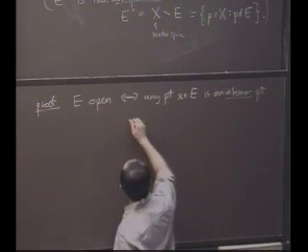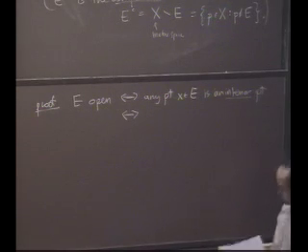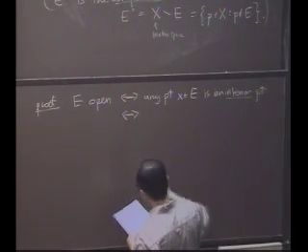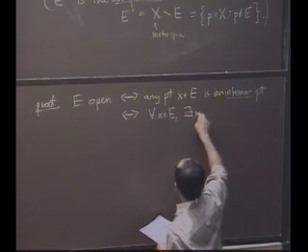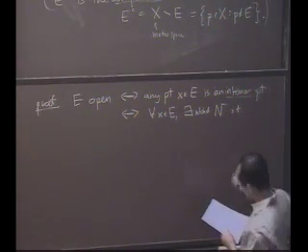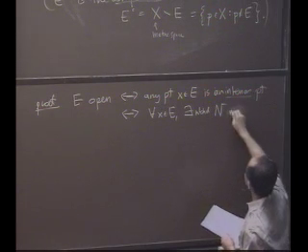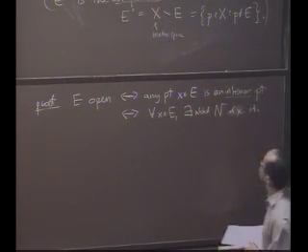But this is equivalent to saying that for any X in E, there exists a neighborhood N of X such that what's true about the neighborhood?